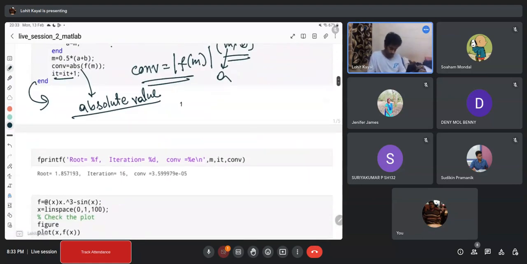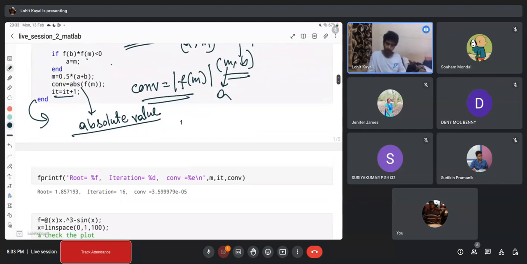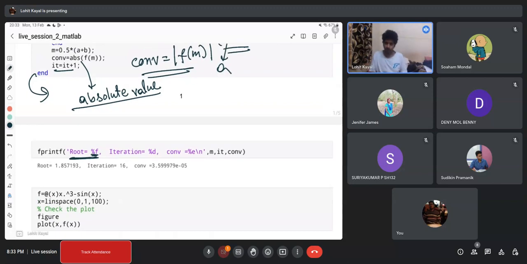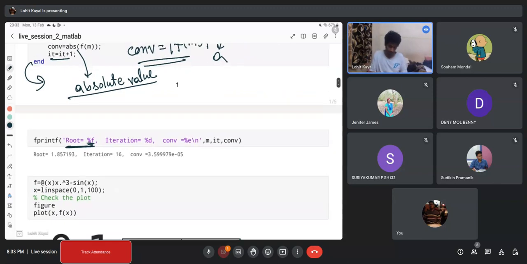Now when I print, suppose after that you just do this thing, root equal to this percentage f. Because the root will obviously be some floating point, we cannot hope to get an integer as a solution, so I am using percentage f.